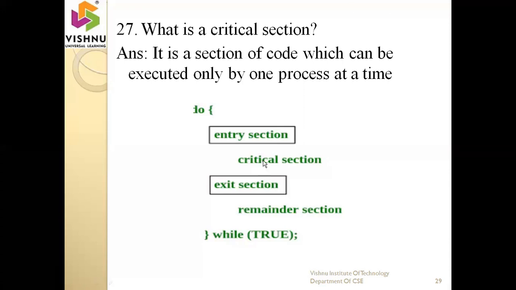Critical section means I want to take the printout. First of all, you have to check the condition. Whichever person satisfies the condition enters the critical section. Sir, is it possible to take the printout of 2 persons? No, it will not be possible. At a time, 2 persons cannot be active on the printer. After performing the operation, you have to leave the critical section. That is called the exit section.